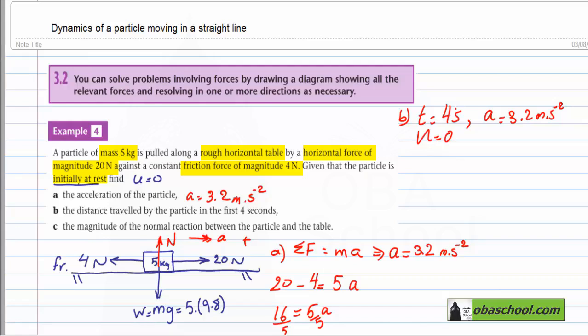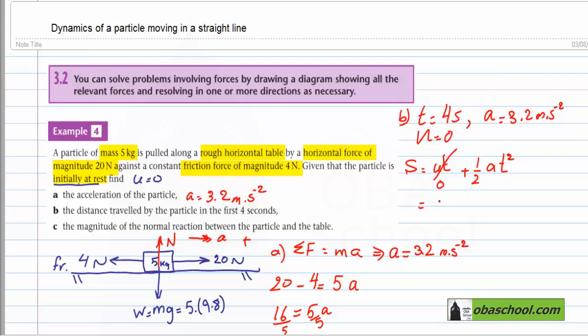So the formula for the travel distance s, as we presented in chapter 2, is as follows. Travel distance s is equal to u, initial velocity, multiplied by time t, plus half multiplied by acceleration a multiplied by the time t squared. u, the initial velocity, is 0 as we mentioned above. So the first term is 0.